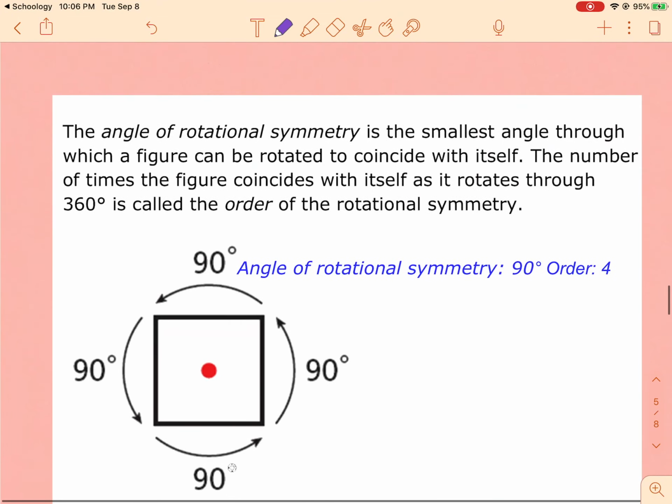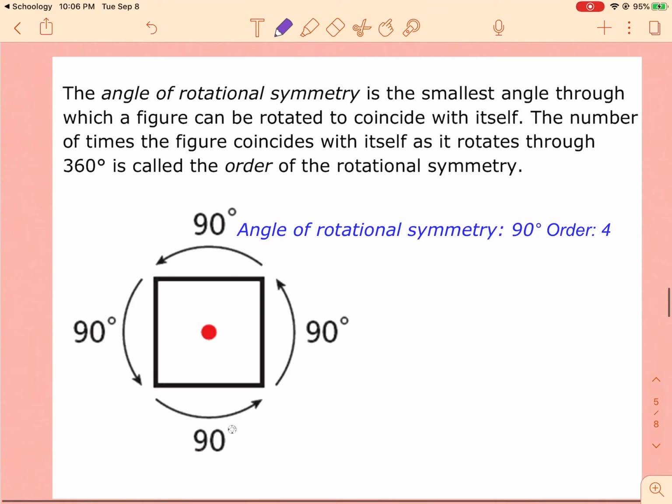One last idea was the rotational symmetry. The angle of rotational symmetry is the smallest angle through which a figure can be rotated to coincide with itself, so have it match up with itself. The number of times the figure matches up with itself as it rotates through 360 degrees is called the order.